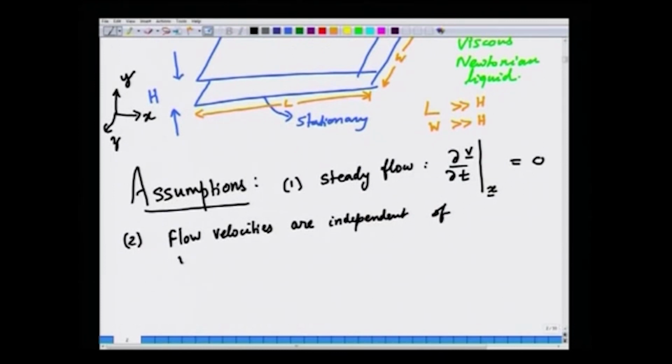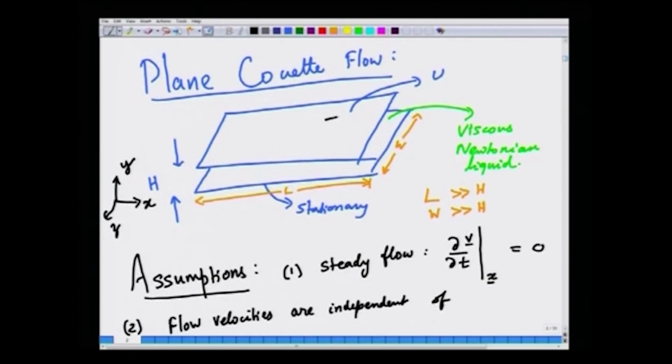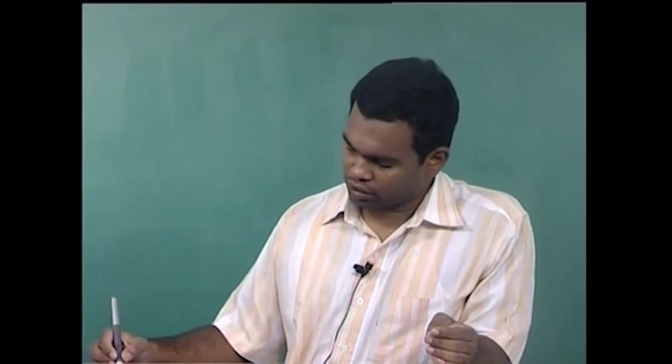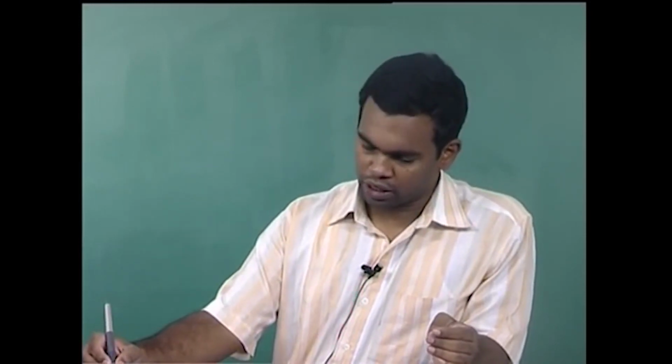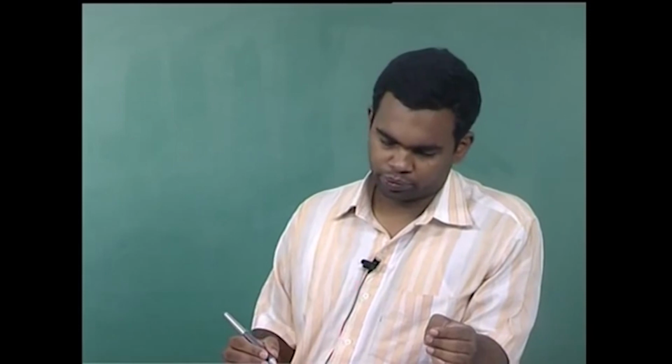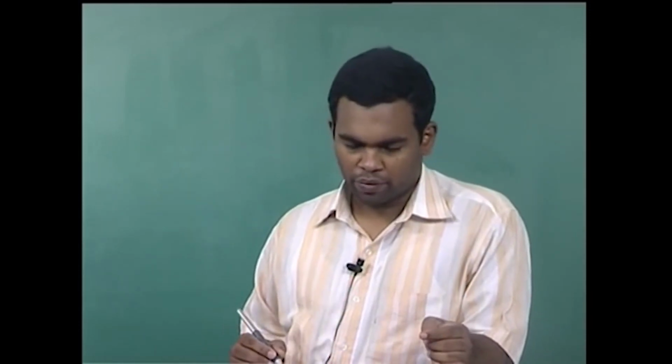The velocity is independent of coordinate directions y and z, because they are too long in the other two directions. Since the plate is moving in the x direction, there is no reason for us to believe that the velocity inside the bulk of the gap is a function of the other two directions. So, we are going to assume that the flow velocities are independent of y and z. That is an assumption that we will make.